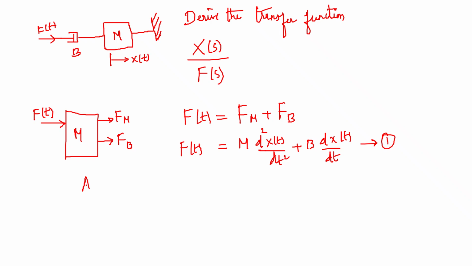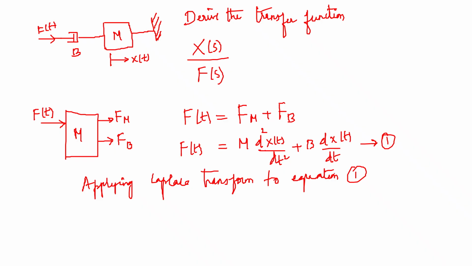So applying Laplace transform to equation 1, we rearrange that equation as F of s is equal to s squared m into X of s, considering the initial conditions to be 0, plus s into b into X of s.